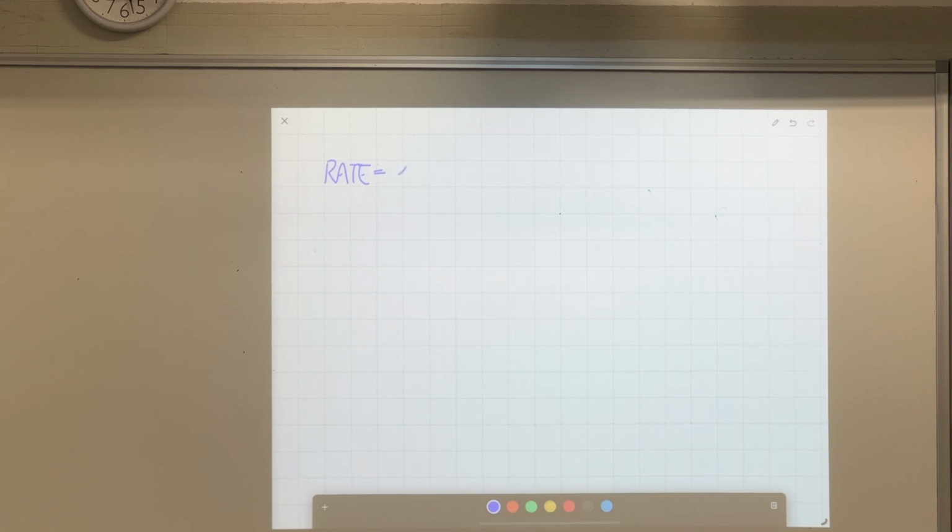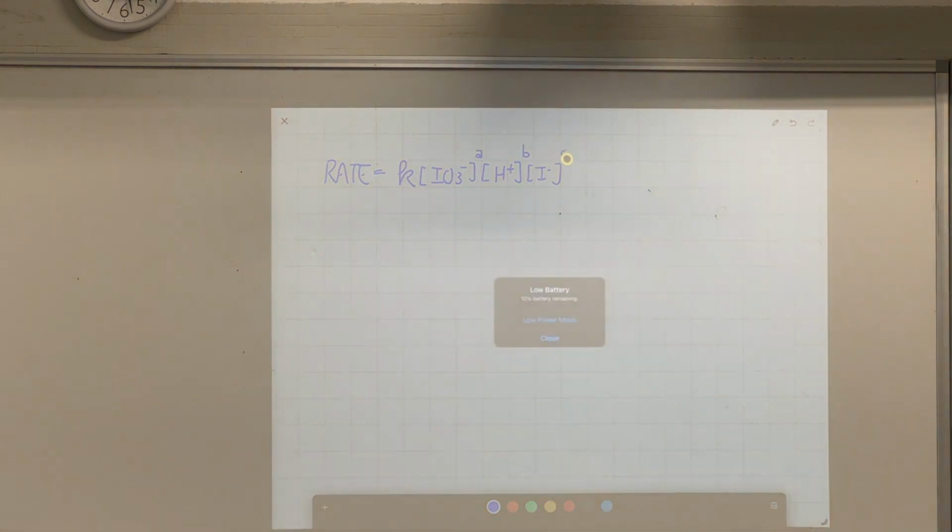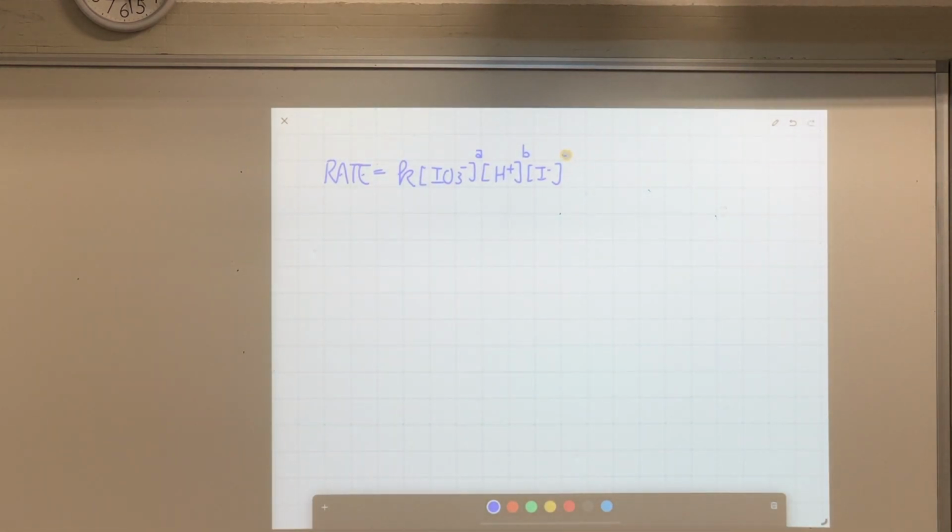Rate constant, and then [IO3-] for the first reactant, [H+] for the second, and [I-] for the third. So now you can make the orders a, b, c. I don't use m and n because I don't want to make it look like 0. So I want to make it a, b, c to make it clear.